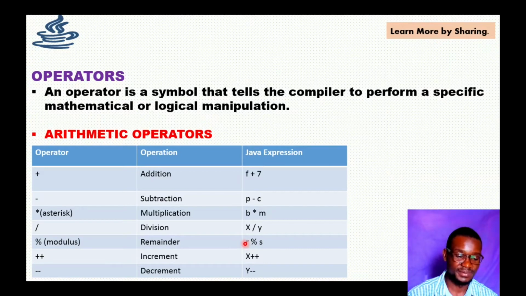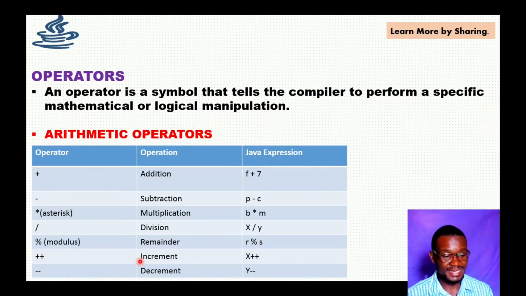For example, 10 modulus 3, so we can get the remainder in that way. Double plus signs is the increment, meaning we are adding a value of 1 to a given value. This is the decrement, subtracting 1 from a given value.